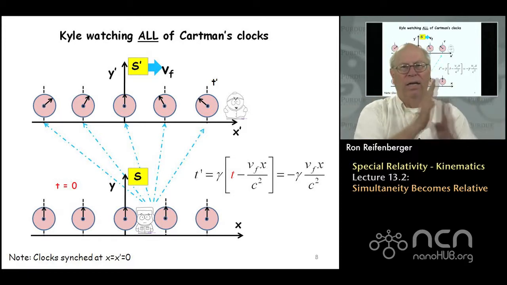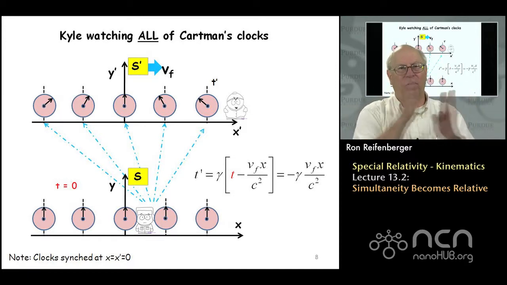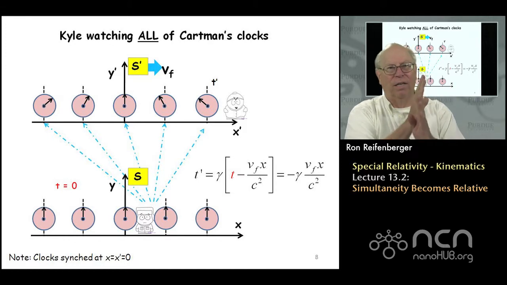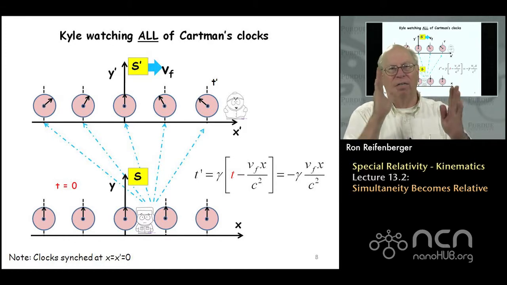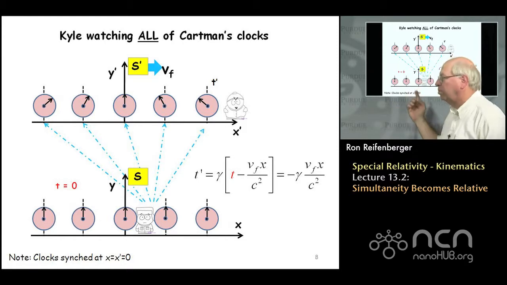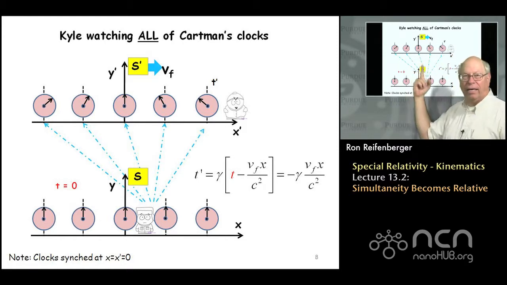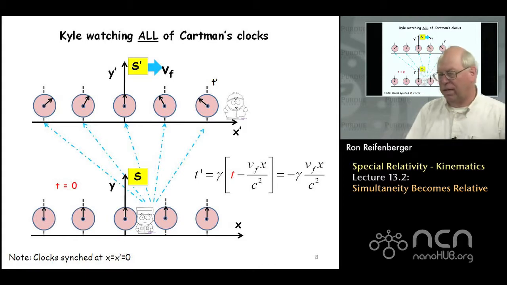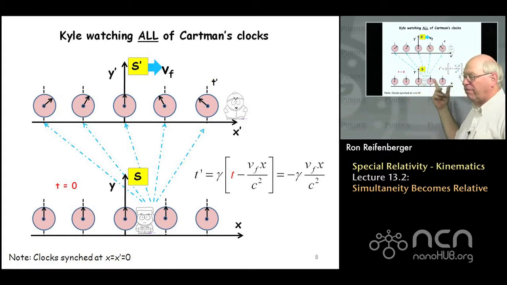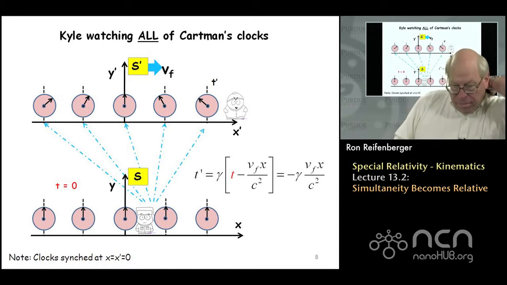We always say that the two clocks at the origin are synchronized as the two frames coincide with respect to one another. So we've made that implicit assumption numerous times in the discussion of special relativity, and it sort of falls out from this discussion right here.